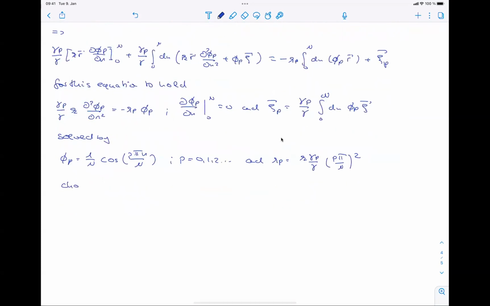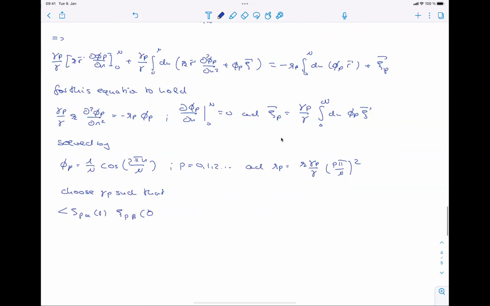And we still have freedom to choose the gamma_p, and we choose gamma_p such that the noise of p is 2 gamma_p kBT, a white noise as we had defined previously.